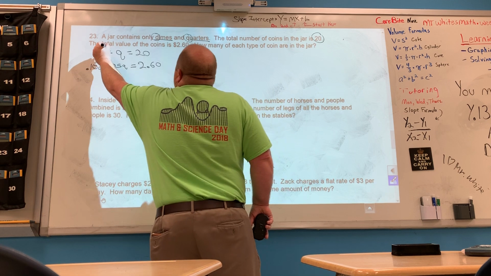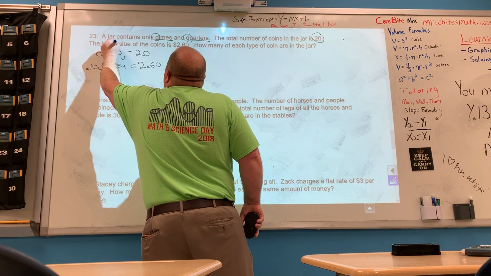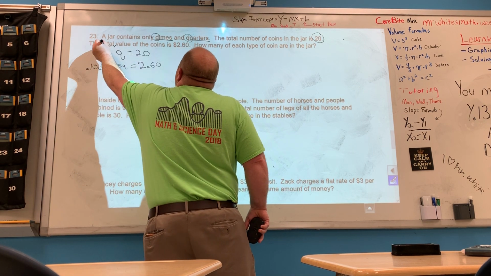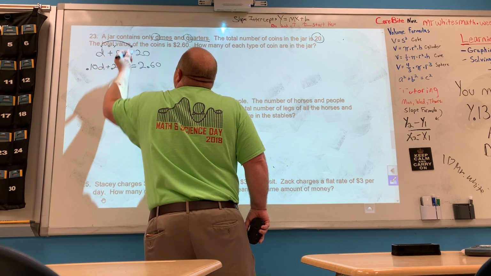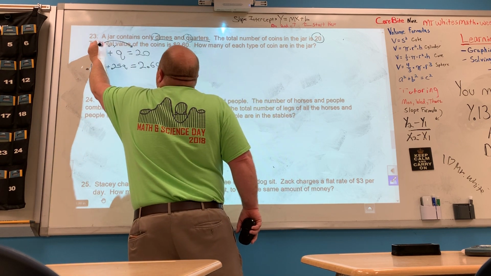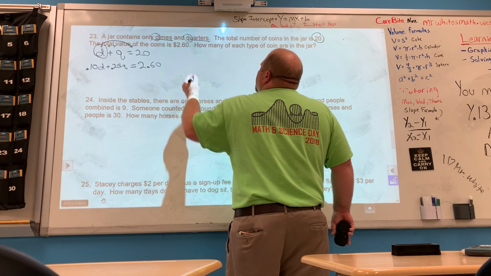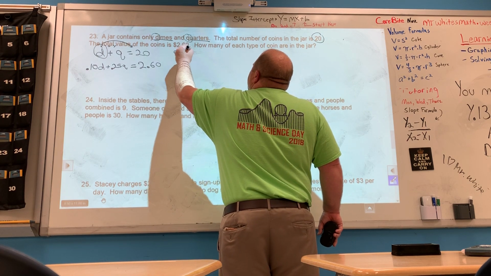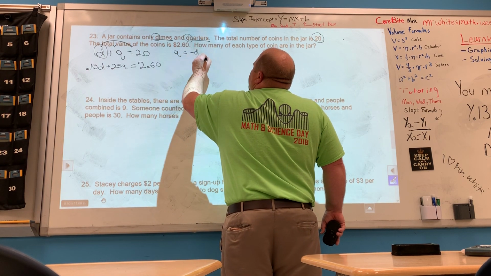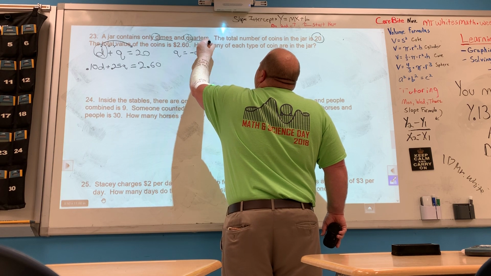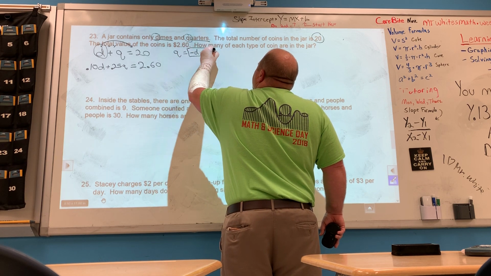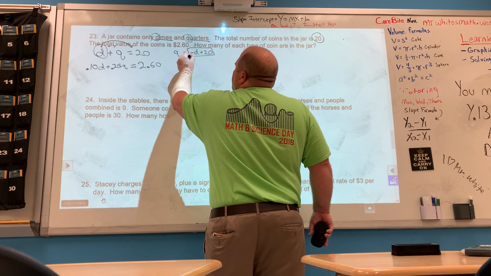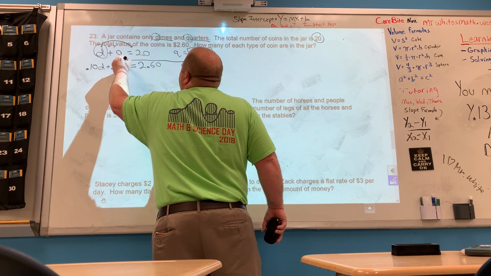Well, just like if this was x plus y equals 20, you would know that you're going to move that x over here. Well, we do the same thing, even though it's a d. So once we move that, that says q is equal to the negative d plus 20. Well, that allows us to take this whole term and substitute it into the second equation for letter q.